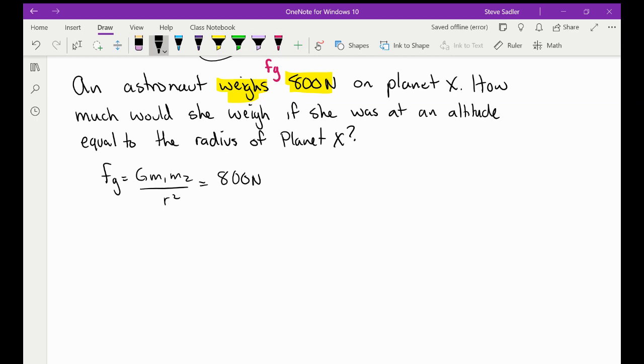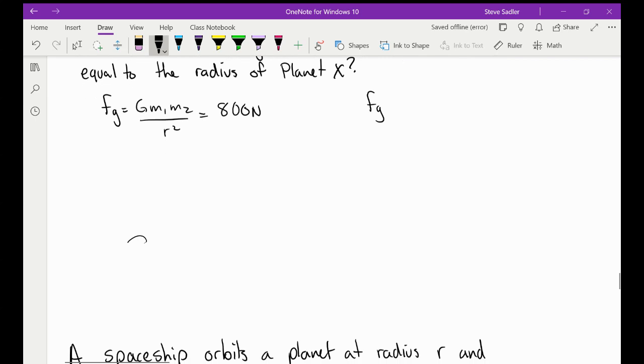Now what we're going to do is double the radius, right? Because she's going to go up to an altitude equal to the radius, which means that she started on the planet, and that was 800 newtons. And now she's going to go up a distance equal to the radius above the surface, which is 2 radiuses from the center.